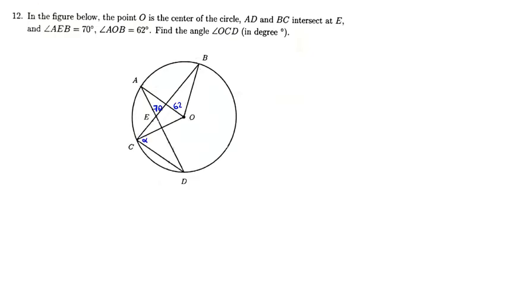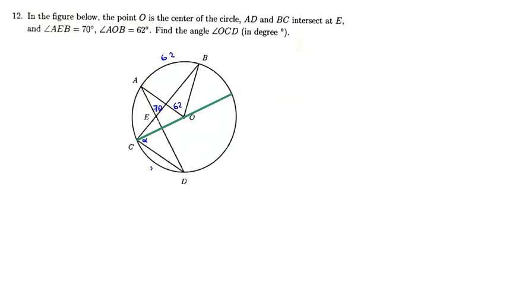The problem wants alpha. If we extend this, let's see what we have. Here we know it's 62 degrees, a central angle. It is an interior angle. The interior angle is the sum of this arc plus this arc over 2.